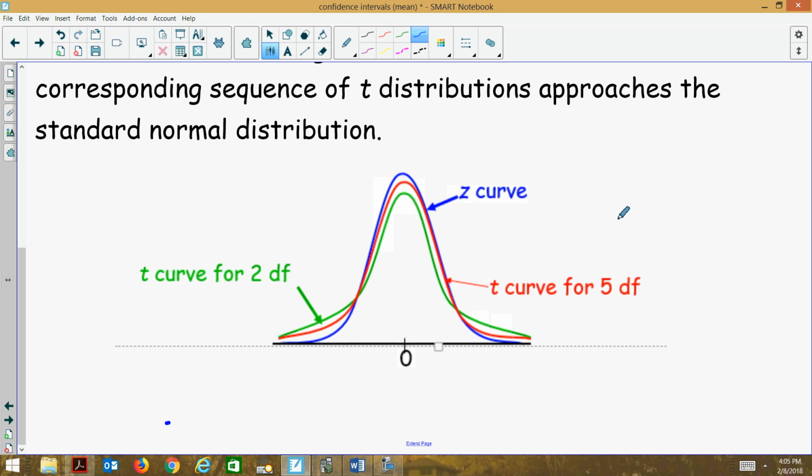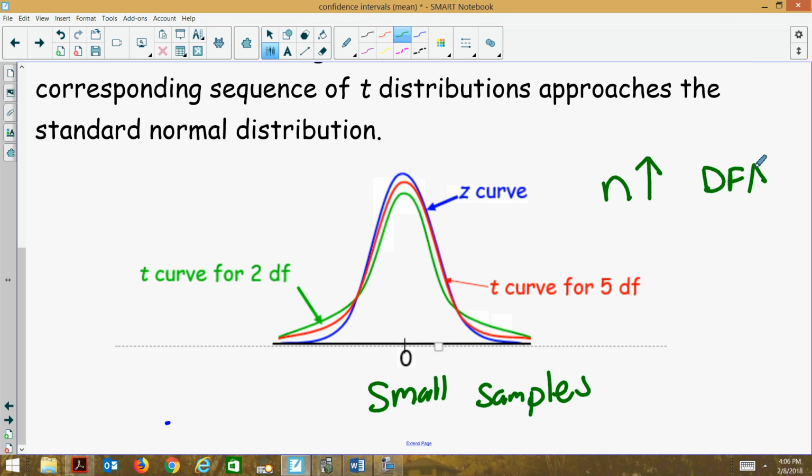So typically, we use the t curve for small samples, because if we have a large sample, it would look fairly close to what a z curve would look like. Therefore, as the sample size increases, the degrees of freedom increases, so the t critical value starts to look very similar to the z critical value.